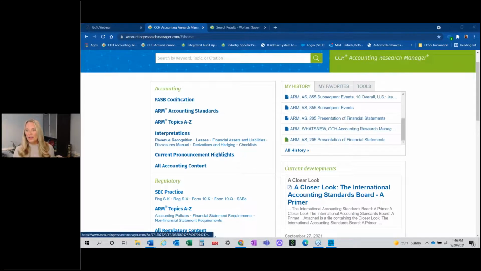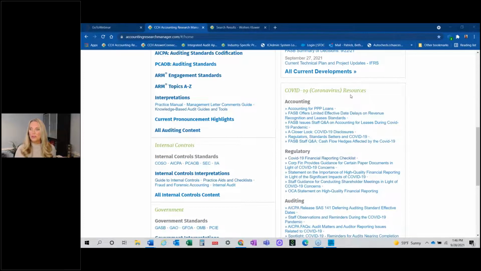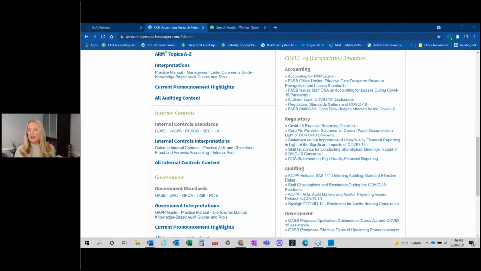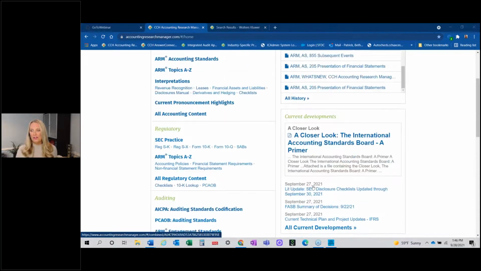Even here on the home screen, if I scroll down, we created this COVID resources section last year, and we continue to add to it as things come out from the FASB, the SEC, the AICPA or PCAOB, and even the GASB has some information about that. So instead of going to all those sites, we have all of that available here.